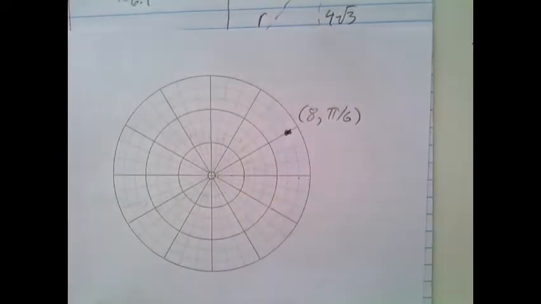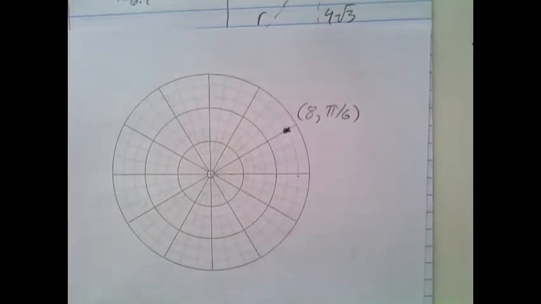Okay, now our task this time is to kind of do the opposite of what we did in the first example. In the first example, we started out with a point in rectangular coordinates, and we used some basic trigonometry to convert that to polar coordinates. We used the Pythagorean theorem, and we used the tangent. But now we're going to do the opposite.